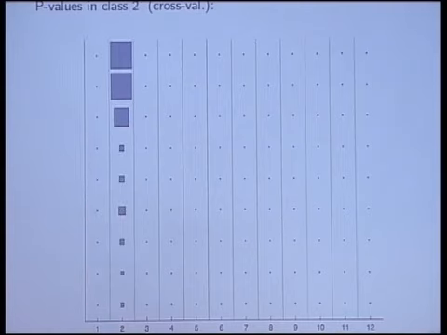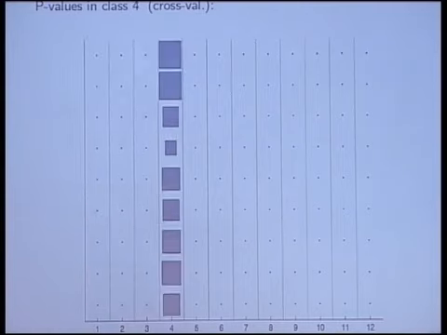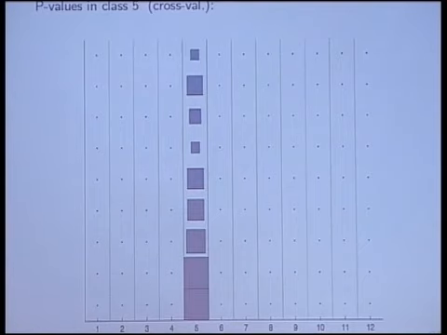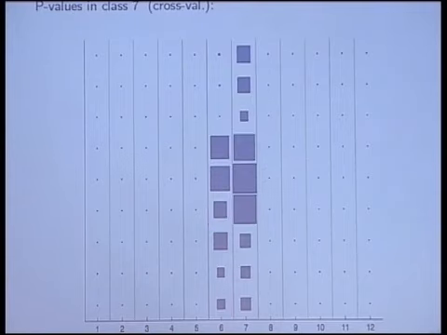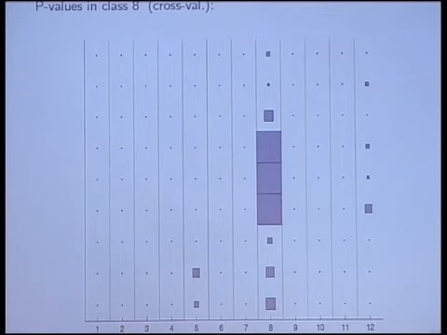The same is true for class 2, class 3, class 4 is fine, class 5. Class 6, well, in class 6 it's not unique. There seems to be a strong association, or similarity, between classes 6 and 7. And class 8 has a certain overlap with 2 other classes, and so on.